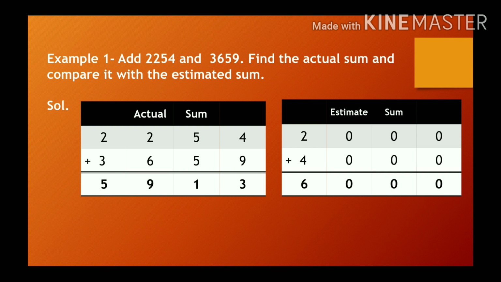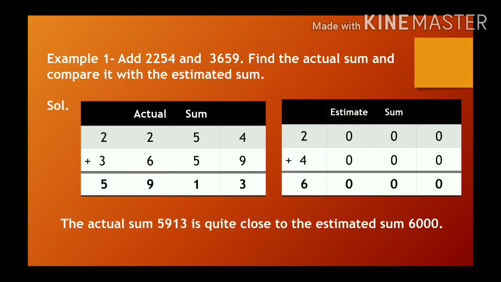That's why we have done the nearest 1000 for this estimation. Now add this estimated sum, and we get 6,000. The actual sum 5,913 is quite close to the estimated sum 6,000.